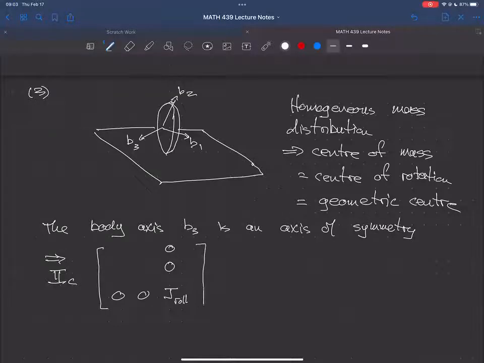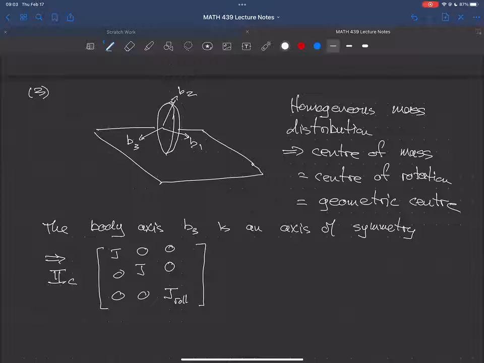And what I know is that the other two eigenvalues and the other two principal inertias must be the same. And so what that means is that that little block there must be some multiple of the 2 by 2 identity. So I can put some number there on the diagonal and zeros off.